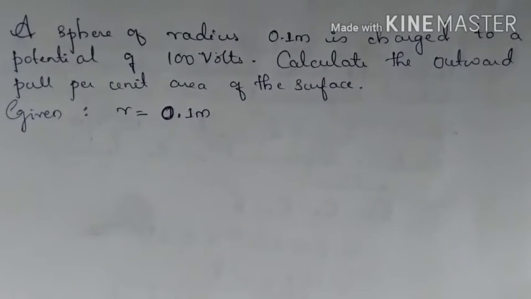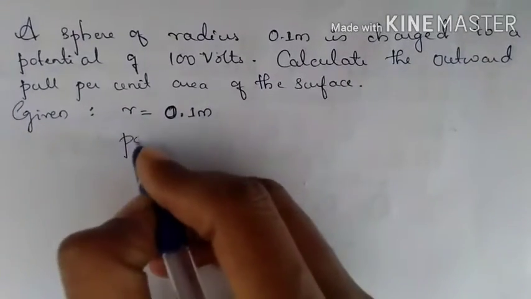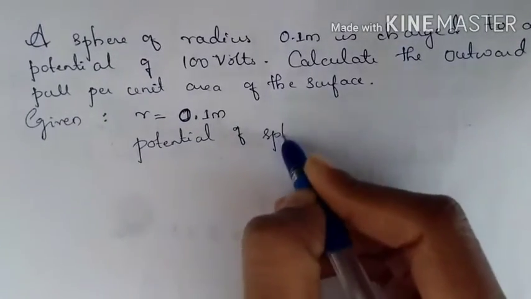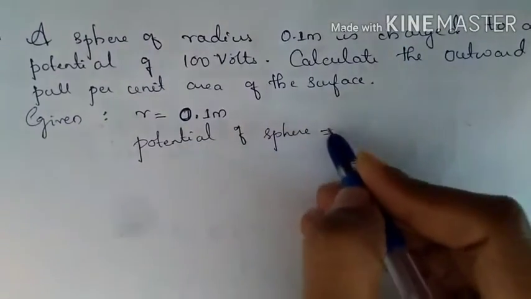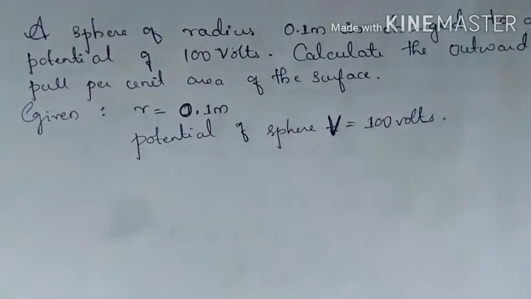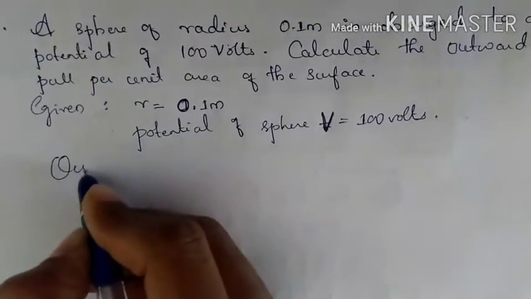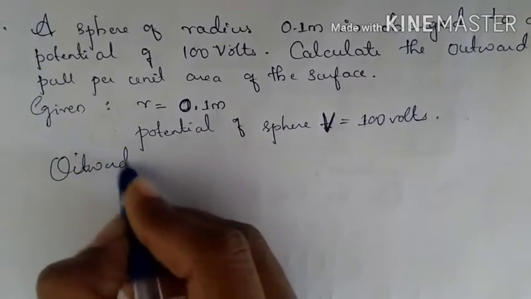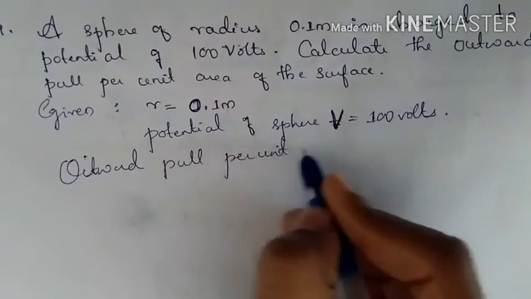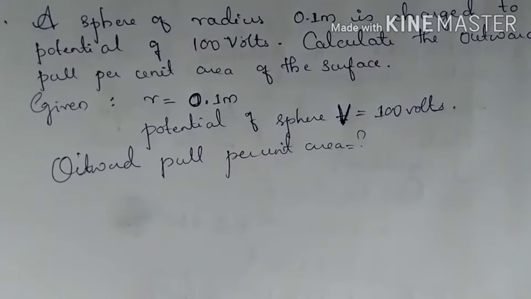The potential of the sphere is V is equal to 100 volts. So this is also given to us. Now what we have to find? We have to find the outward pull per unit area. So this is not known to us.